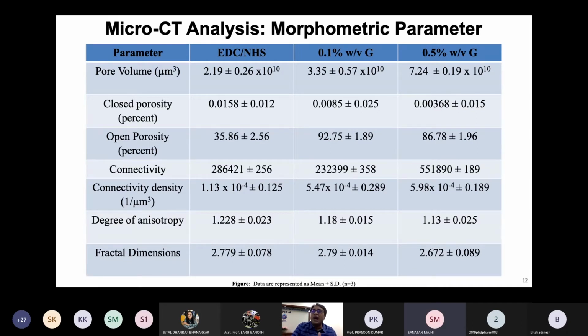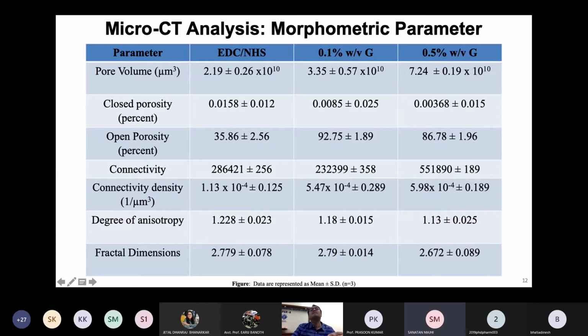Because of the fibrous nature of the EDC and NHS, it does not form defined boundaries of a pore. And that's why, when we talk about the porosity which this instrument considers pores, if you look at the open porosity, you find a very low percentage of open porosity in EDC and NHS, though there's a lot of free space inside. But when you look at the percentage of open porosity in 0.5% or 0.1% graphene, you will find a very, very high percentage.